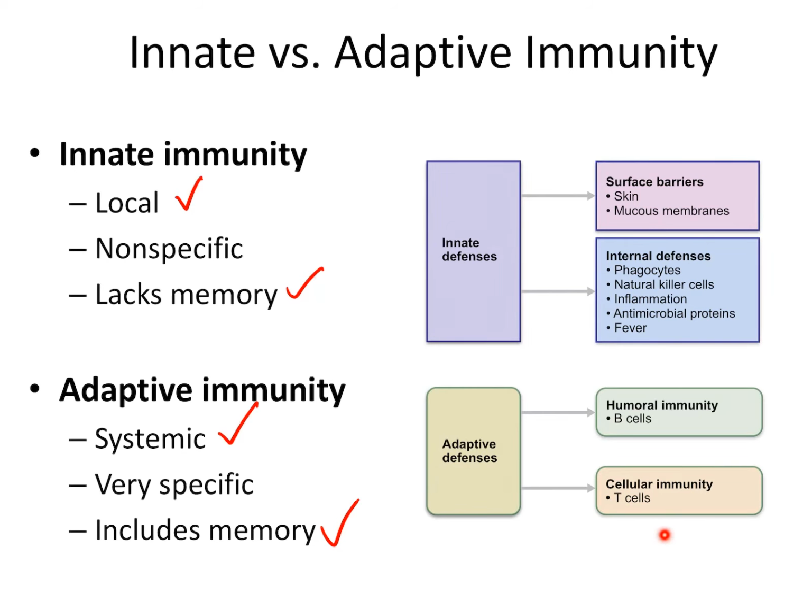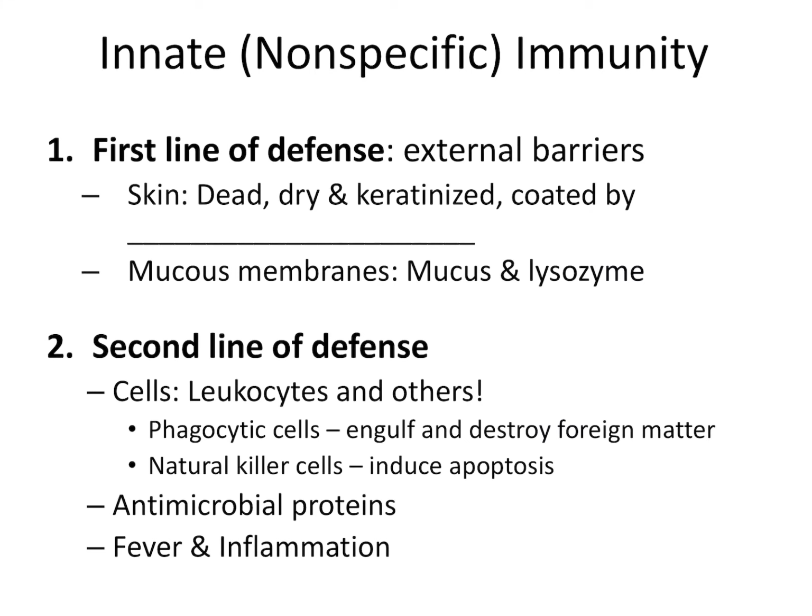And we're going to go through the majority of these things that are listed over here as we move through the lecture. We'll start off by taking a look at innate or non-specific immunity. Now recall that the first line of defense is essentially going to be these external barriers that are in place to help prevent pathogens from entering the body to begin with.